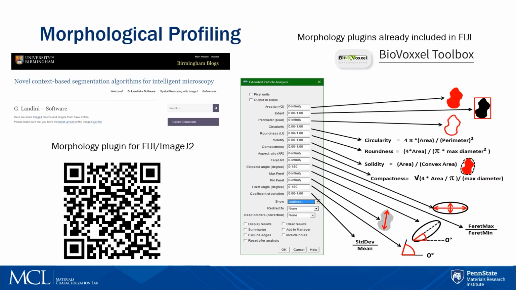So once you have your image segmented into classes of interest to you, now there's all sorts of other opportunities within the ImageJ analysis program that are plugins that have been built by other users or companies, and you can apply. In this case, I'm demonstrating some morphological profiling parameters that you can extract from images.